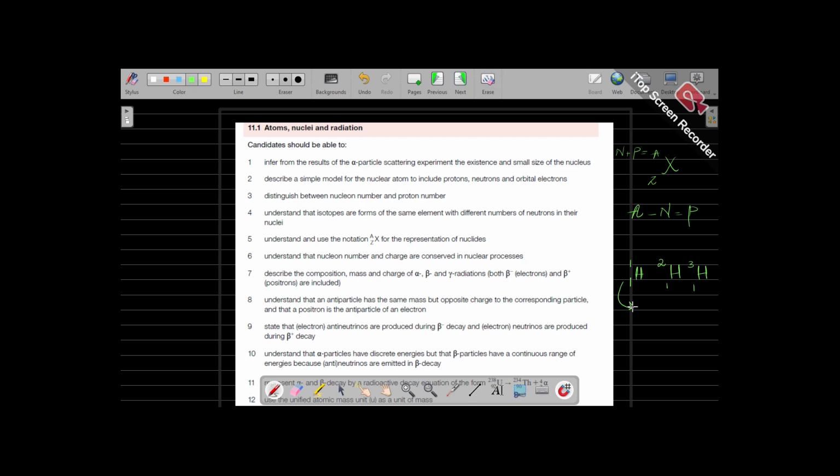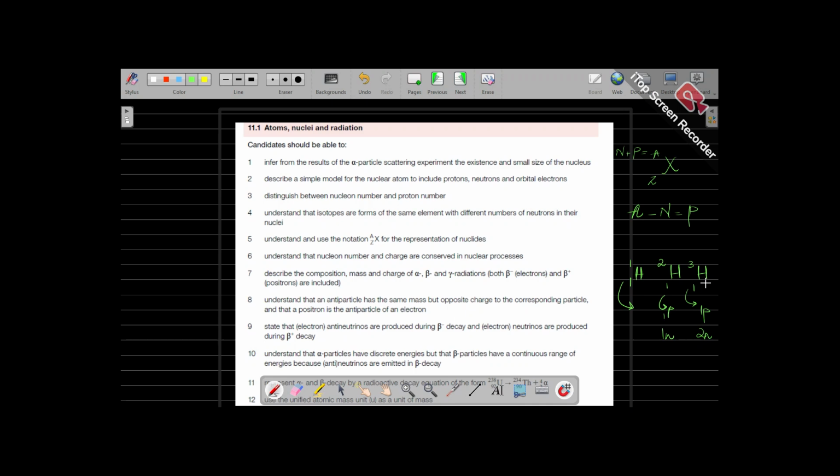This suggests that it has one proton and no neutron, because neutron plus proton is also one, right? This is hydrogen. Then we have one proton and two nucleons, of which if one is a proton, this means that the remaining one must be a neutron. This is deuterium, and the next one we have is tritium, which suggests that we have one proton and then three nucleons, of which if one was a proton, then surely the remaining two will be neutrons.